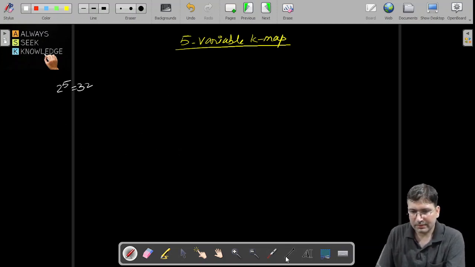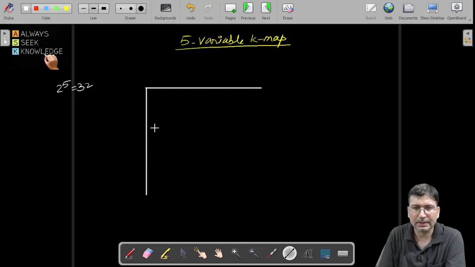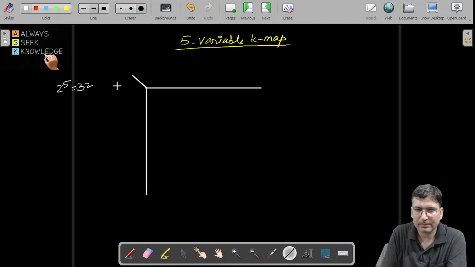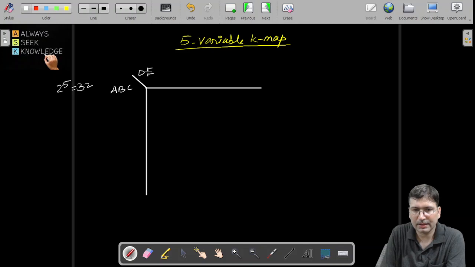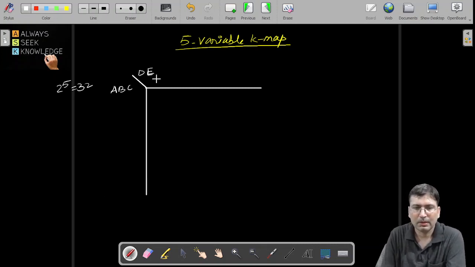So if I draw the K-map, how will it look? I have two choices: I can take 3 variables here like ABC this side, and DE this side, or I can take 2 variables here and 3 variables this side, right? Because the number of variables is odd, we need to arrange.